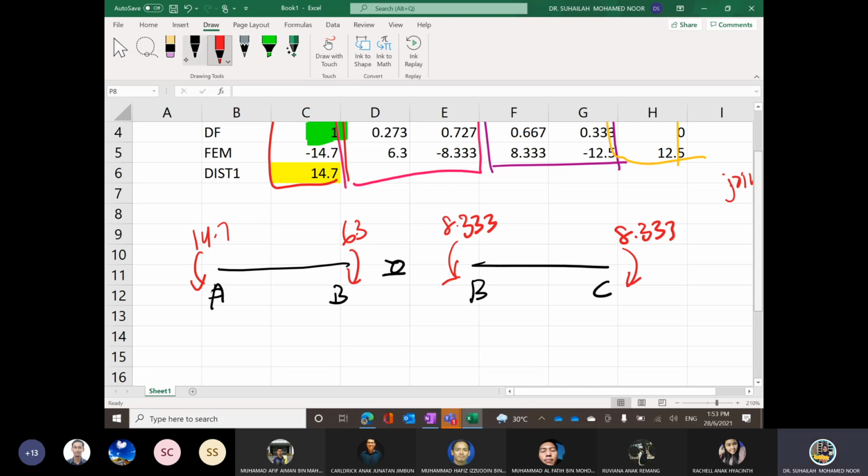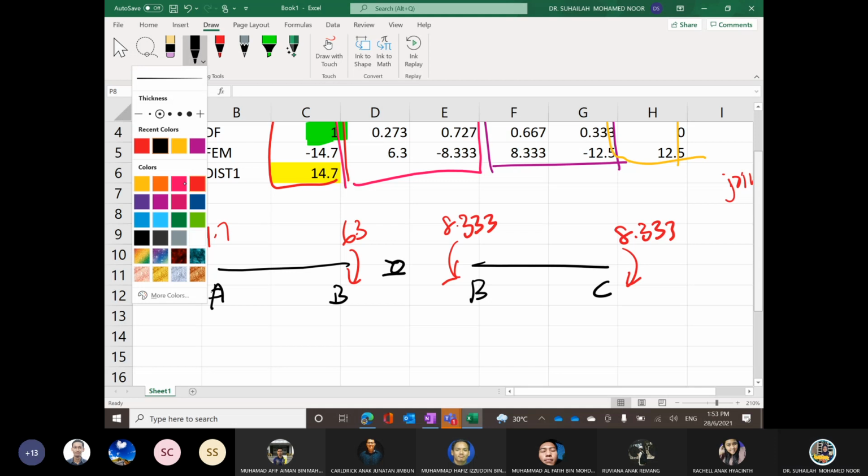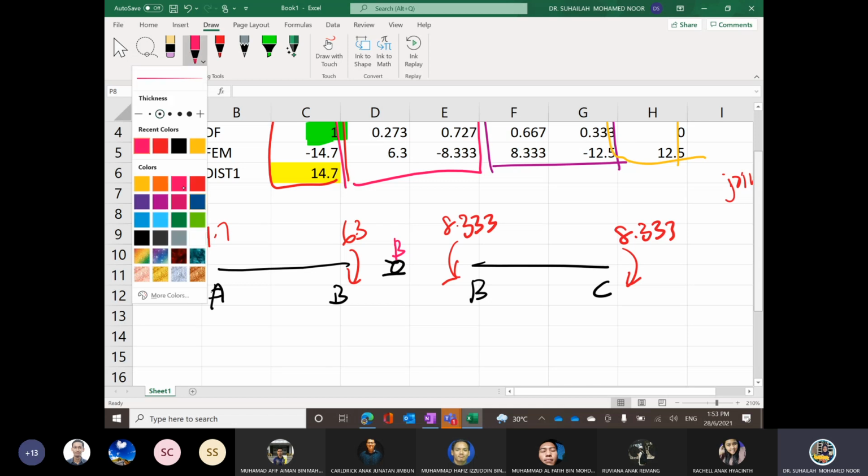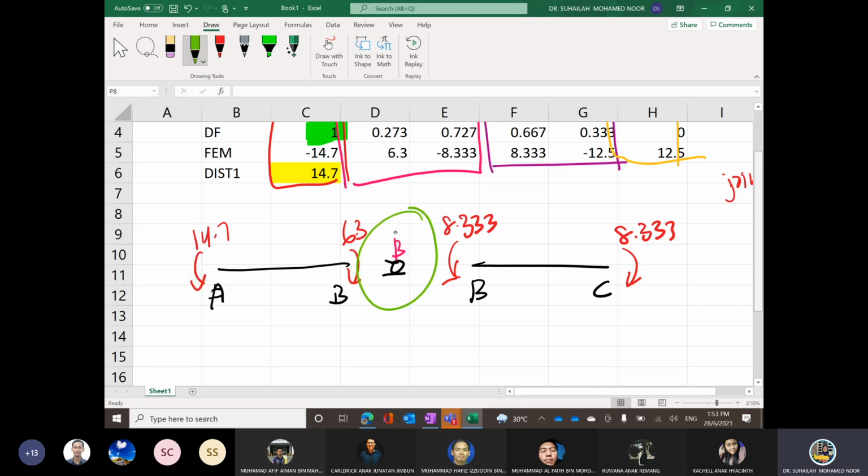And this is joint B. Remember that the moment that we distribute at distribution level is actually the moment at joint B. So how to get the moment at joint B?